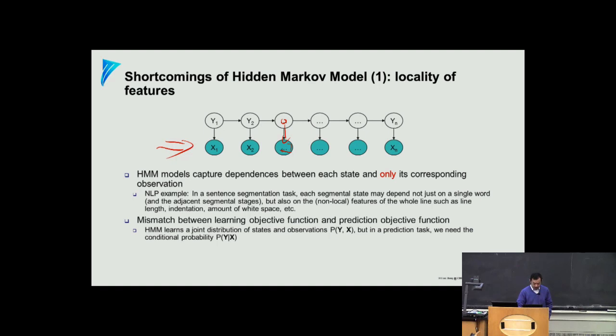Okay, and then there is another very interesting thing. There's a mismatch between the learning objective and the inference objective. When we want to learn this, what's the purpose of HMM? The purpose of HMM is, at the end of the day, to allow you to do this, right?